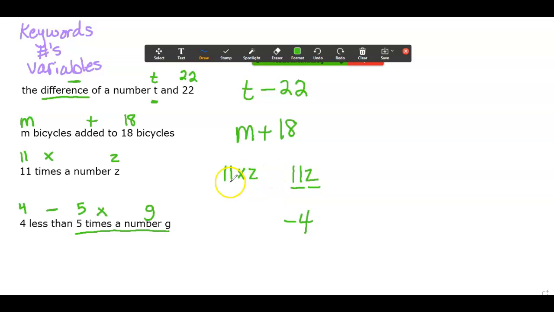And again, I can write it like this: 5 with a multiplication symbol g. Or I can write 5g, because when a number is next to a variable, it means to multiply. So again, today we are not finding the algebraic expression, we're not simplifying it. All we're doing is changing the word phrase to an algebraic expression.